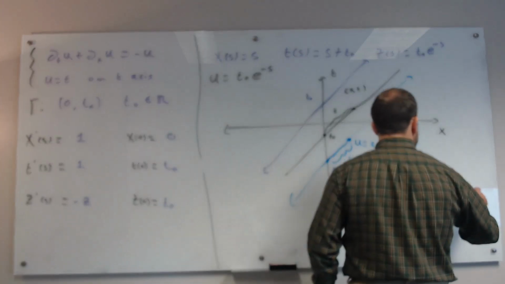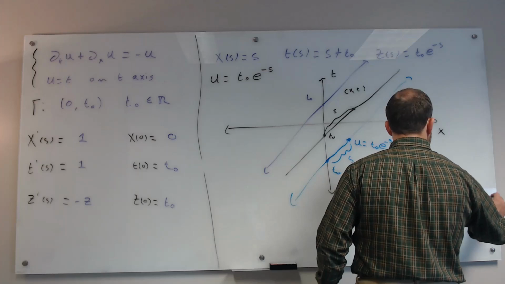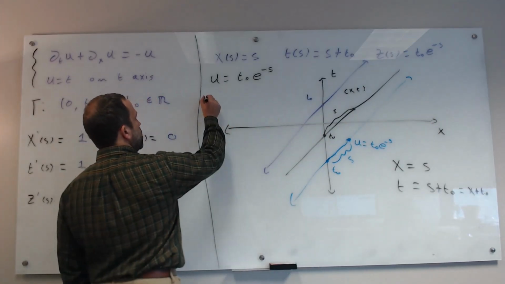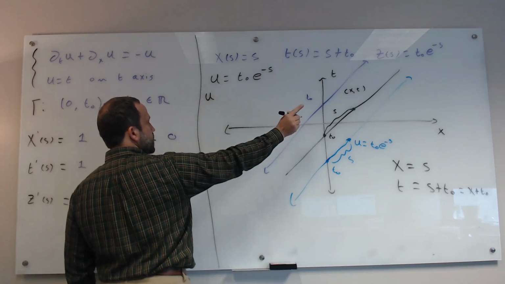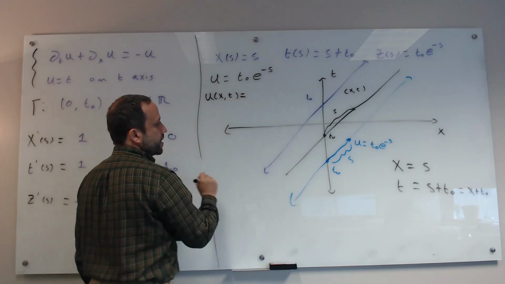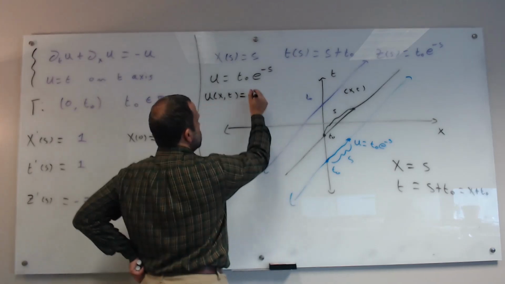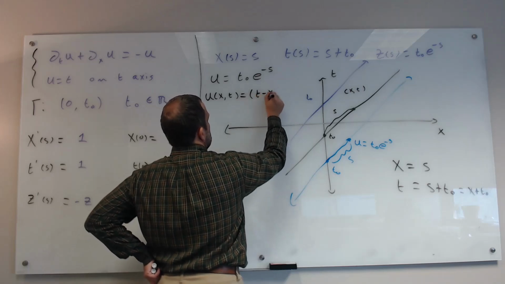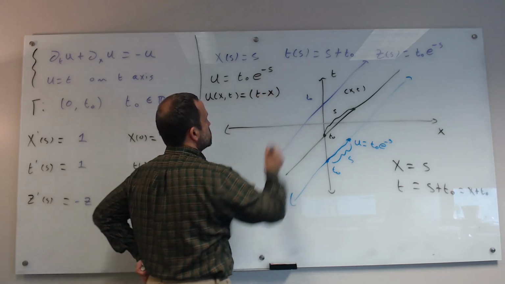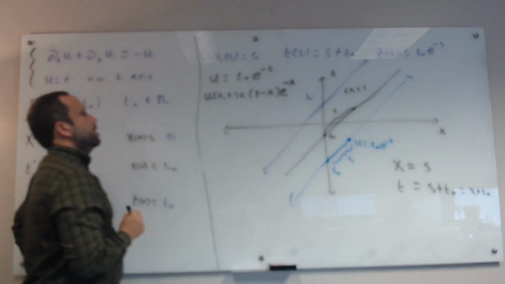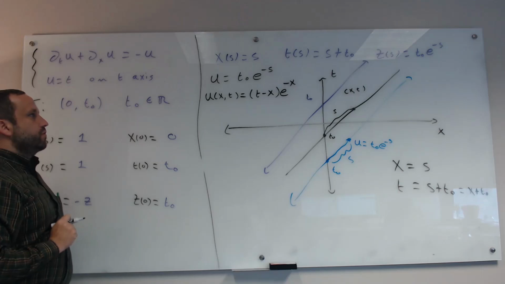So if you come down here, t is equal to x plus t naught, and so t naught is equal to t minus x. And so u, for that generic point there, but it works for all points, u of x, t is going to be equal to t naught, which is t minus x, times e to the minus s, which is e to the minus x. And so u of x, t is equal to this function there.